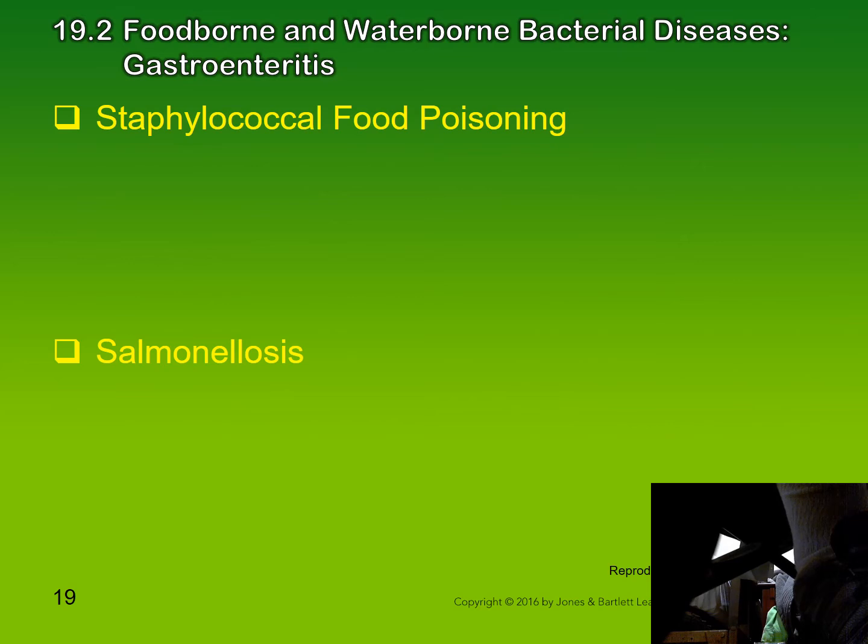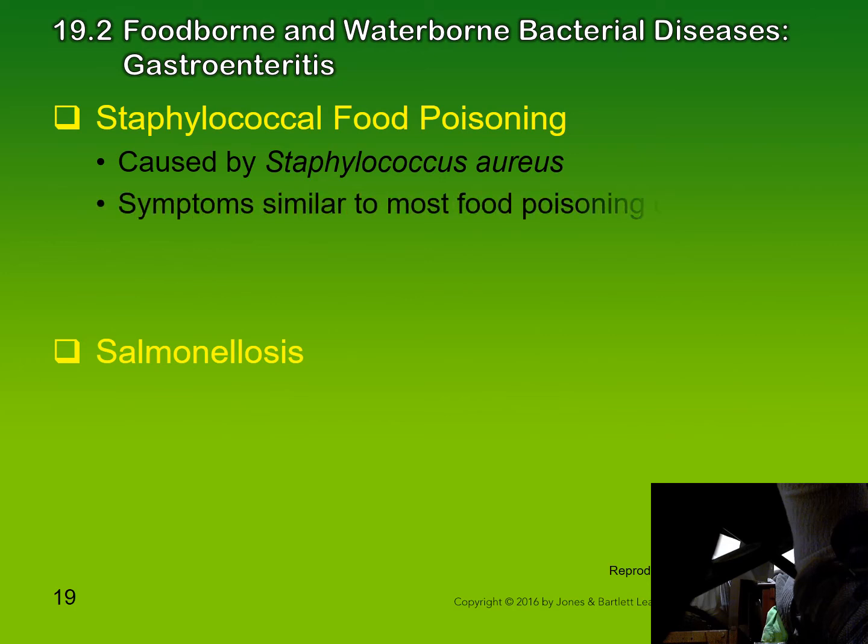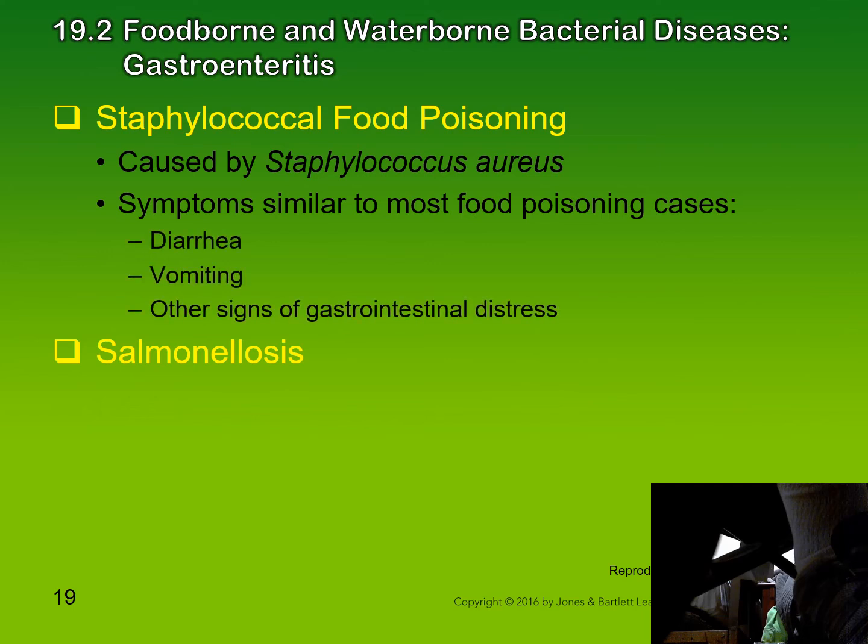Okay. We can have staphylococcal food poisoning. Staphylococcus aureus would be the bacteria causing that. Symptoms are very similar to most of the major food poisoning cases: diarrhea, vomiting, and other signs of gastrointestinal distress.